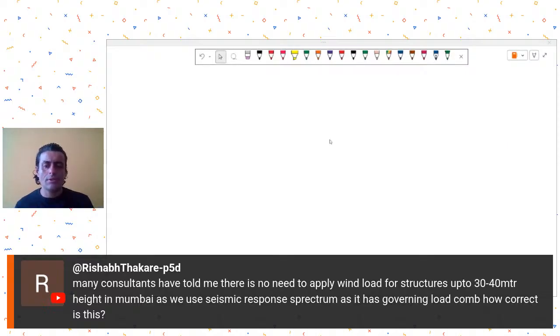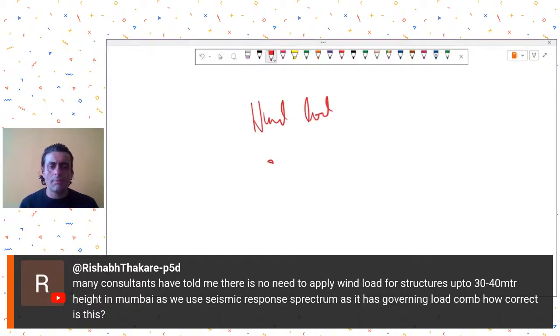30-40 meters means you are looking at 10-12 story buildings. So wind load should be applied. You apply wind load, you apply seismic. Always remember that with seismic, you are not designing for the full seismic loads.